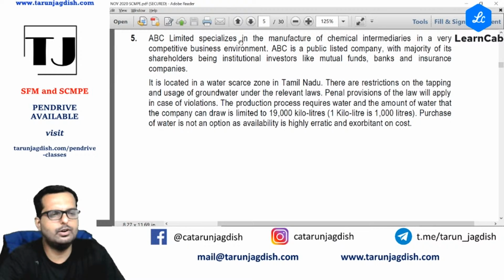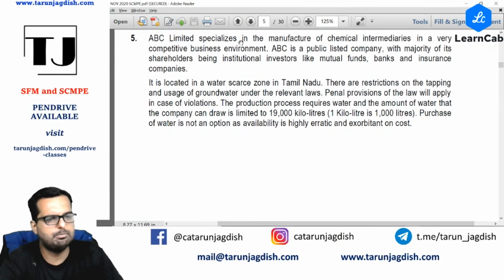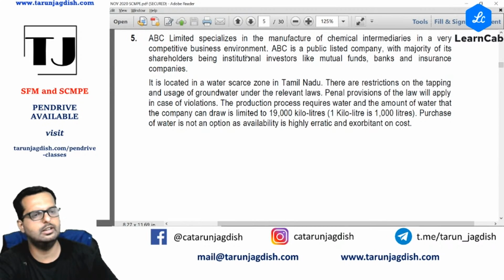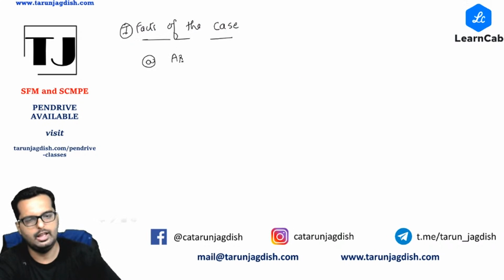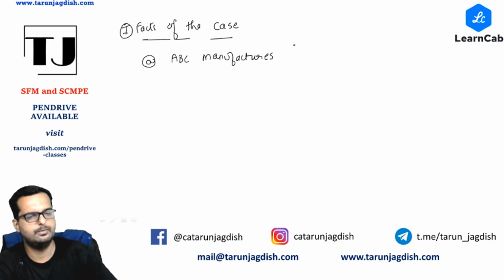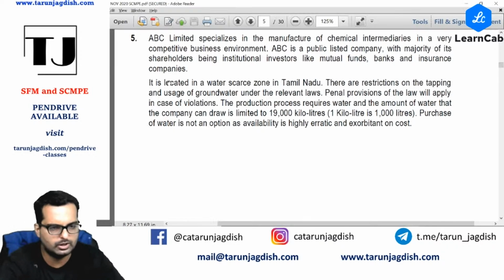ABC is specializing in manufacture of chemical intermediaries in a very competitive business environment. ABC is a public listed company with majority of the shareholders being investors like mutual funds, etc. So ABC manufactures chemical intermediaries. Now further down, it is located in a water scarce zone in Tamil Nadu.